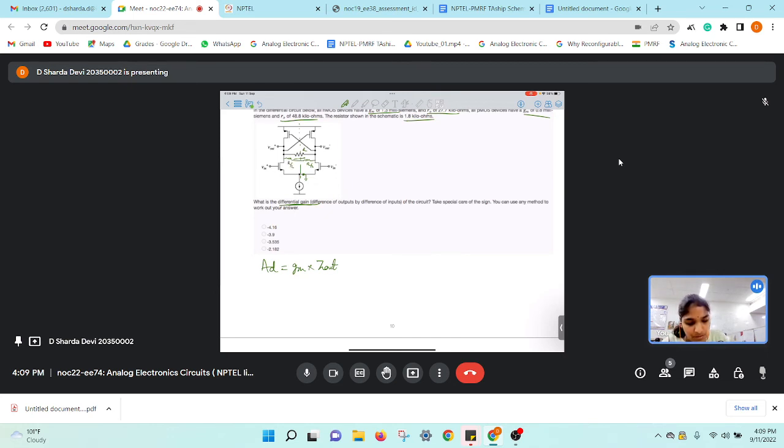So your half circuit will look like this: this will be a PMOS, this will be R by 2, and this is an NMOS with input VA, and here it will be ground, and here also it is grounded. This is VDD, and if we see carefully, this is also a diode connection, but they have been cross coupled.